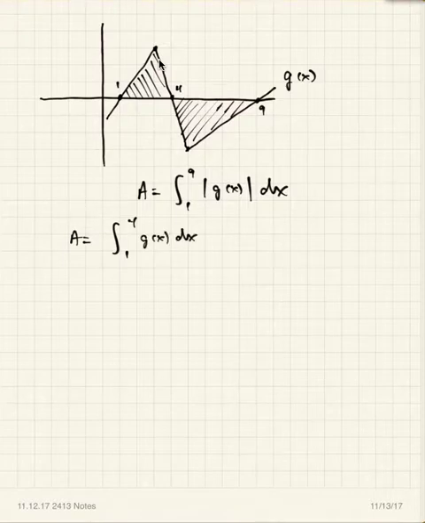And then from 4 to 9, this function's negative, so you actually have to change the sign of the integral, just like we've been talking about before. So this would be the negative of the integral from 4 to 9 of g of x dx, like this. And notice that negative sign in front of that second one will change its sign appropriately so that we can get the correct area.